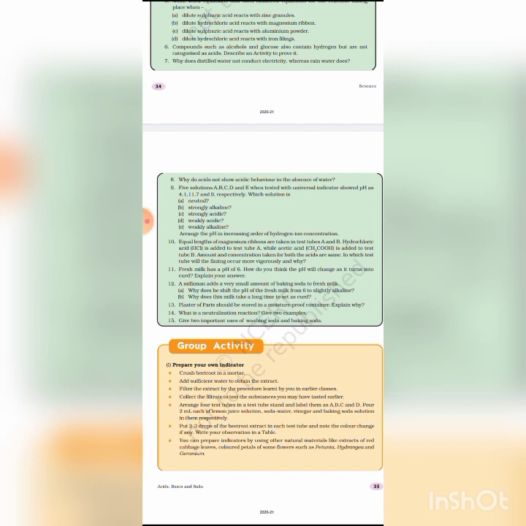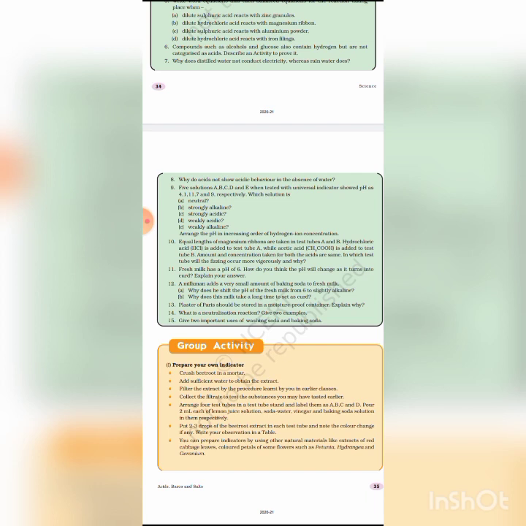Okay, why do acids not show acidic behavior in the absence of water? Student, the acidic nature of a substance is due to the formation of H plus ions in solution, and hydrogen ions are produced in the presence of water.